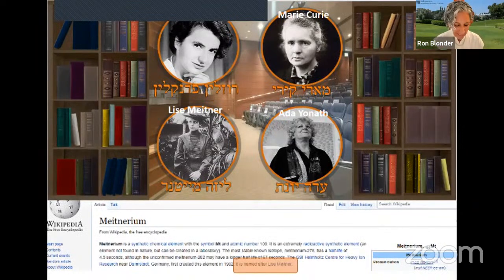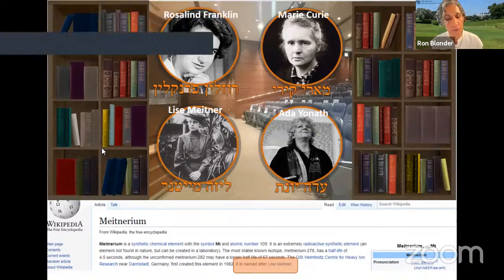At the end, as you see, Rosalind Franklin, she is a woman and she was Jewish in a wrong time in history, so she didn't receive the respect and the recognition she had to receive based on her scientific work.